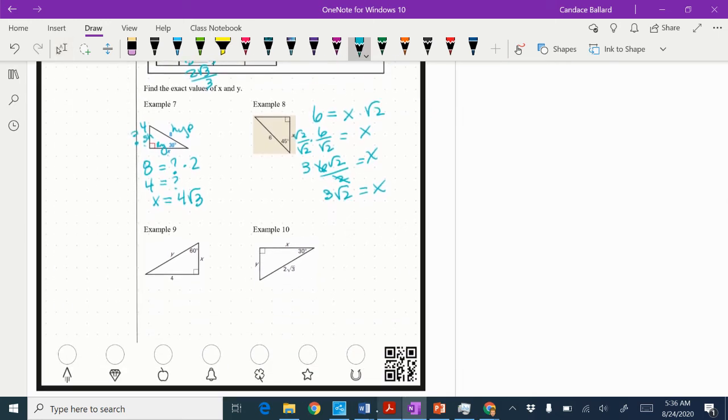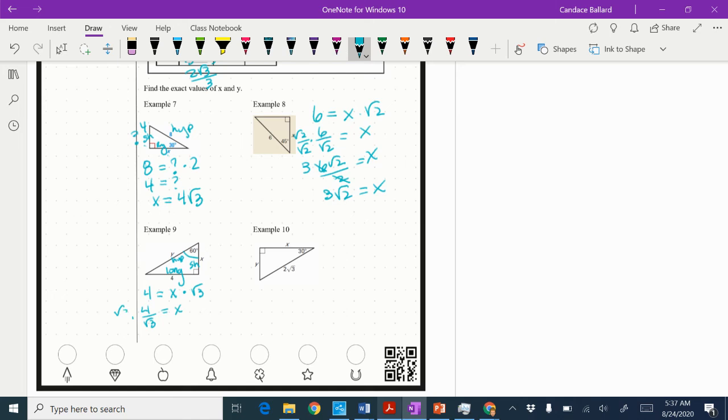Okay, this time across from the 60 is the long, meaning next to it has to be the short, and this still has to be the hypotenuse. So they gave me the long leg. So the long leg equals the short leg times 2. Nope, not times 2, Mrs. Ballard. Times square root of 3. So I'm going to divide by square root of 3.